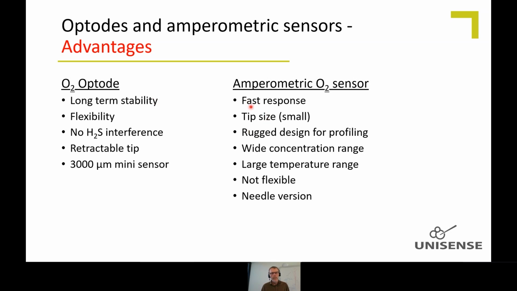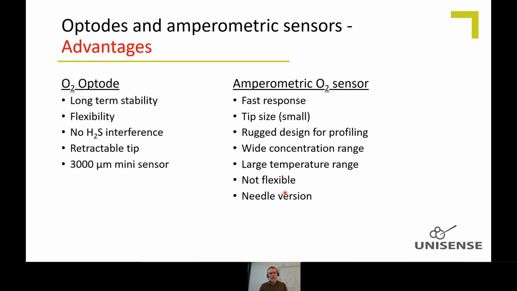With an amperometric sensor, the glass sensor, you can measure as many profiles as you want. It's not damaged by that. It can measure over a wider range of concentrations. We can modify the ranges as well, and it has a larger temperature range. It's not flexible, which may be seen as an advantage if you want to know exactly where you are and not have a sensor that is bending a bit.